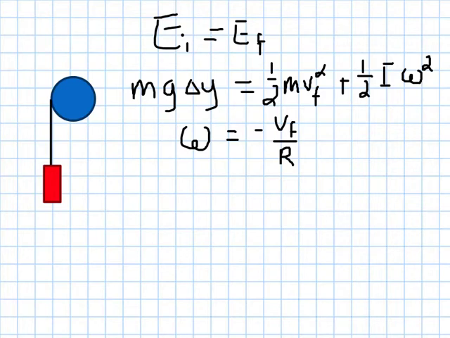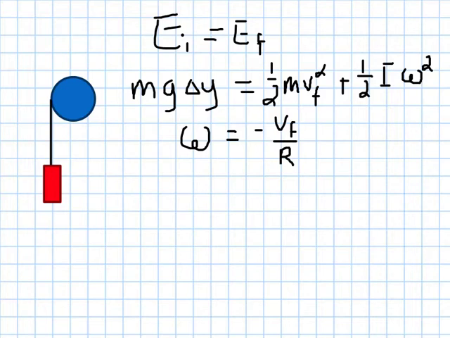So as the mass falls down, we would normally call that a negative velocity, and that is going to create a positive angular speed. And so there's a negative sign relationship between these. Of course, energy is actually a scalar. It's not a vector. And so we're going to be squaring omega and squaring our speed. And so that negative sign is going to end up not mattering, but it should be there nonetheless.